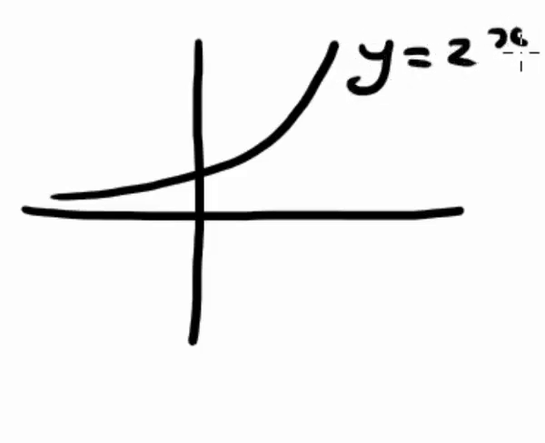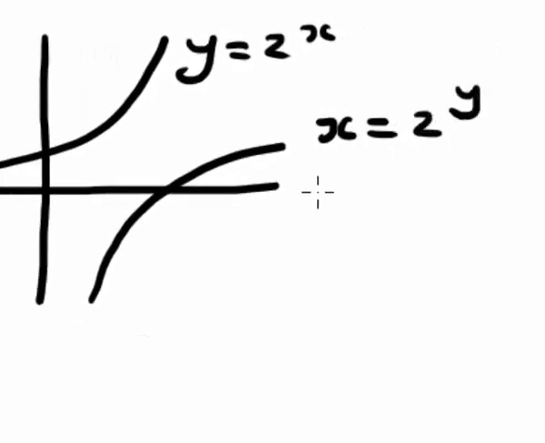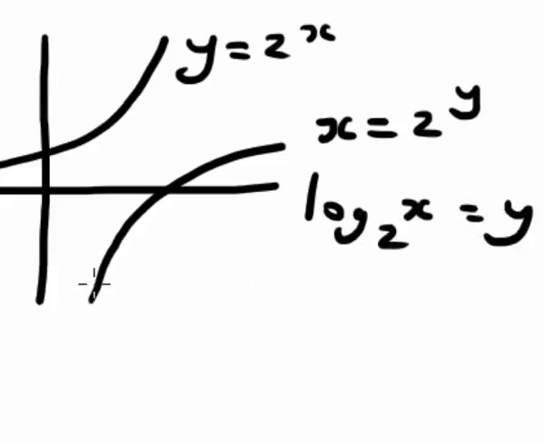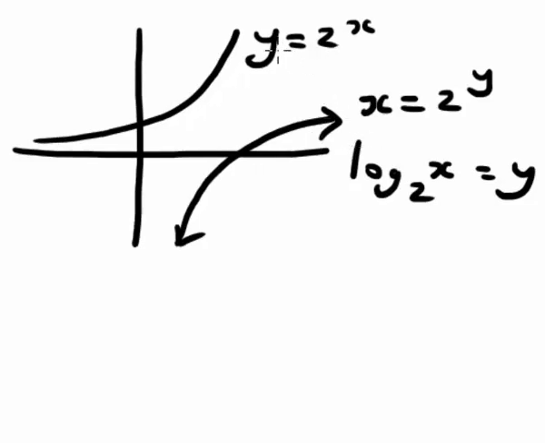When you've got a graph like y equals 2^x, remember its inverse works like this: x is equal to 2^y, which is the same as log x to base 2 equals y. Also, because the restrictions on the base are either bigger than 1 or a fraction between 0 and 1, there's another restriction with the log graph, the inverse of the exponential: the x's are always positive. You never go to the negative side. So there are some restrictions for this.